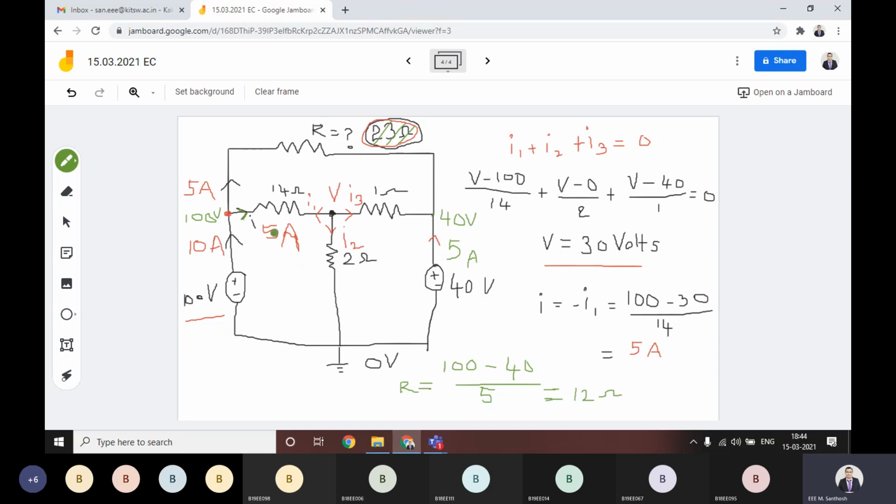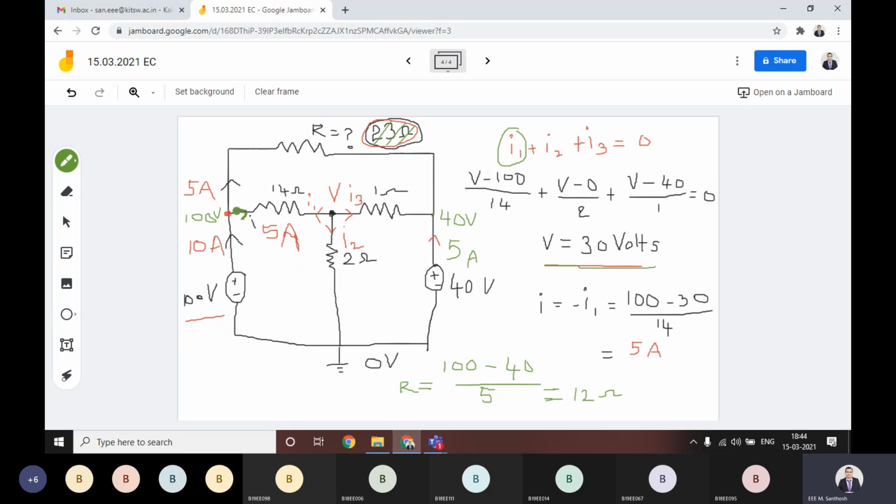V minus 100 by 14 is actually I1. From that we got the V value, but the current we are assuming is quite opposite to this I1.